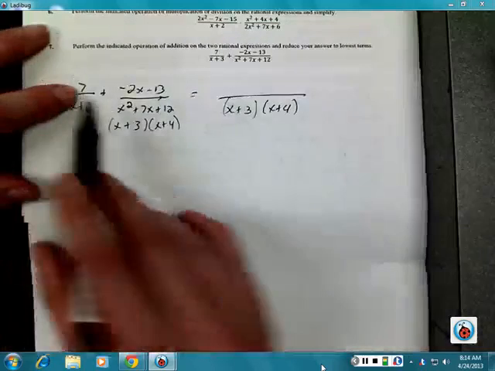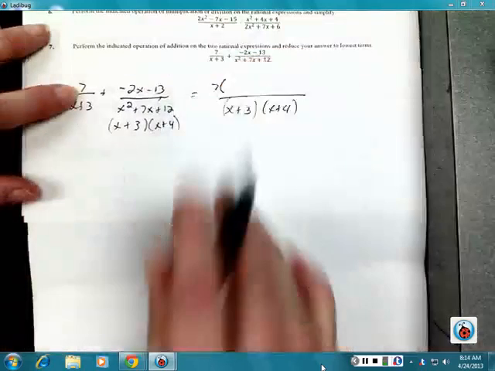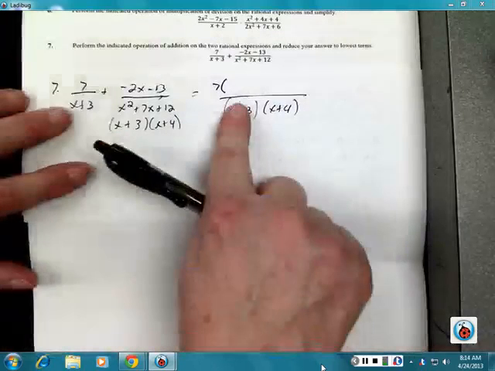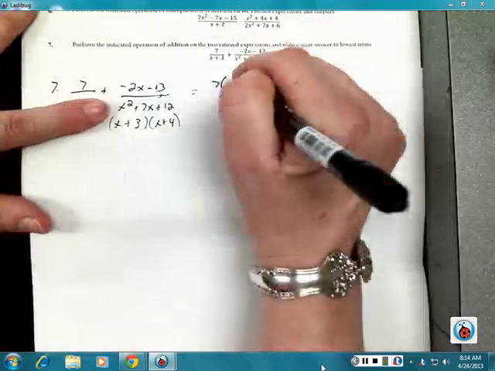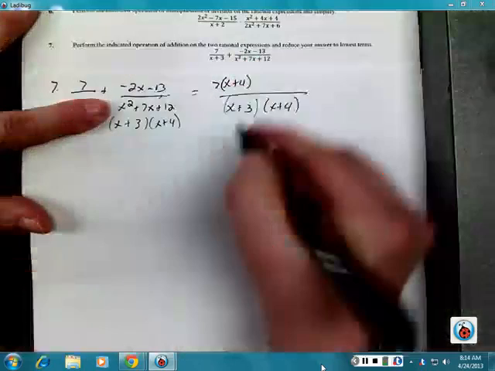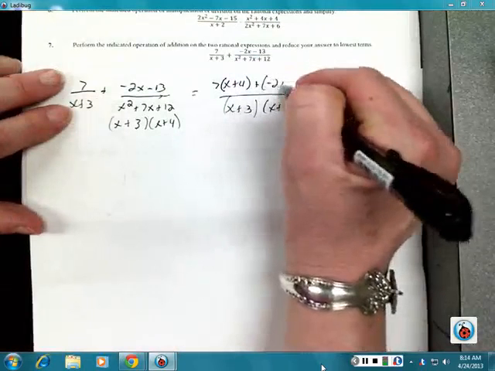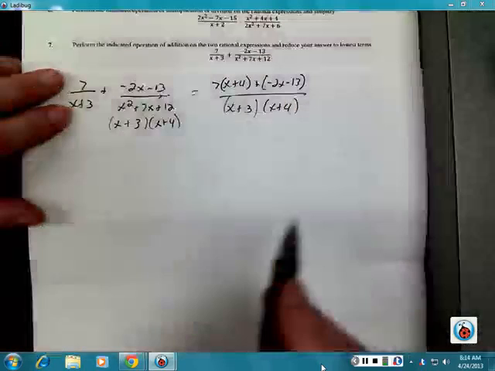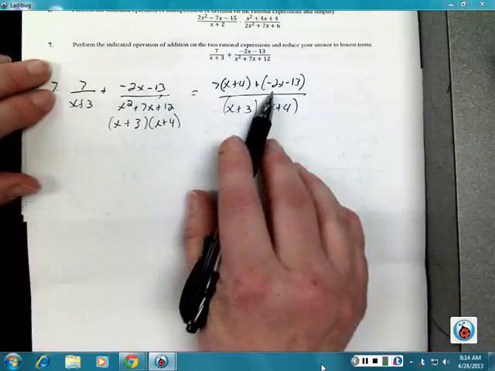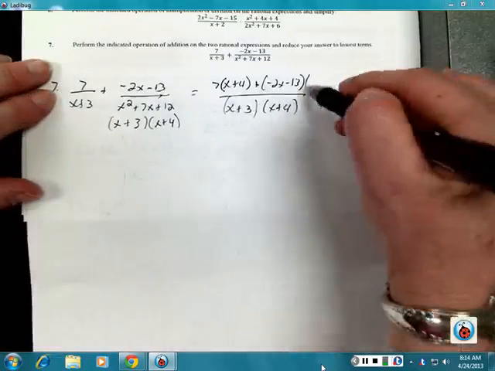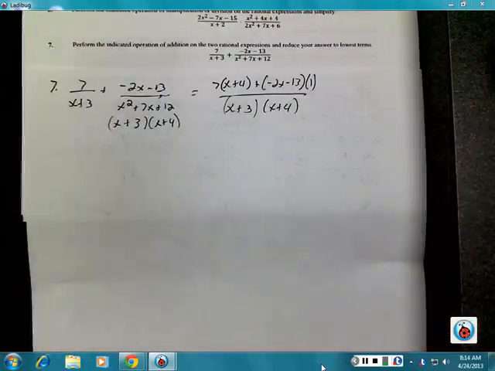So what does 7 end up being multiplied by? So it's got an x plus 3. X plus 4. Plus a negative 2x minus 13. But what does that get multiplied by? Actually, there's a 1 there, but it doesn't change anything in it. So it only gets multiplied by 1.